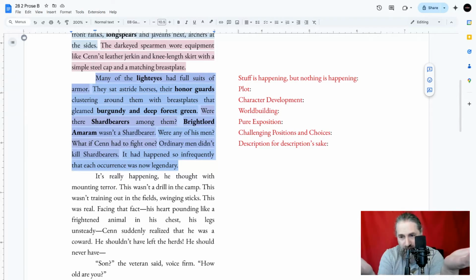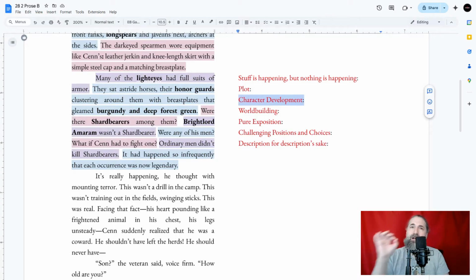It is choices. What they are thinking about, divulging, or seeing, or experiencing, whether it be the cold or whatever, is the character. And that automatically makes it character development, but it also automatically makes it the story.